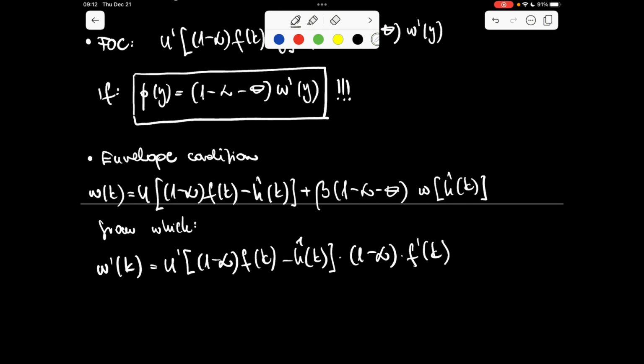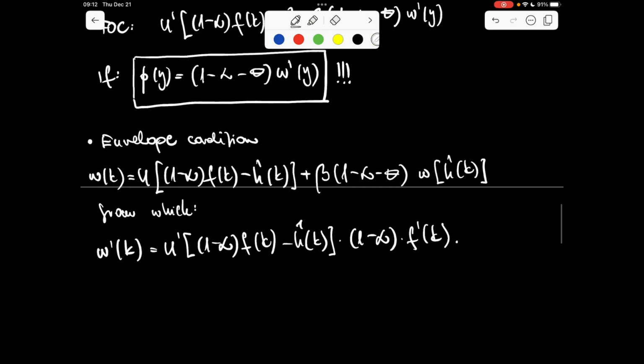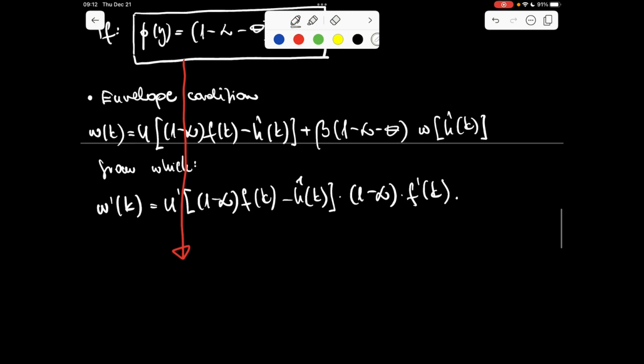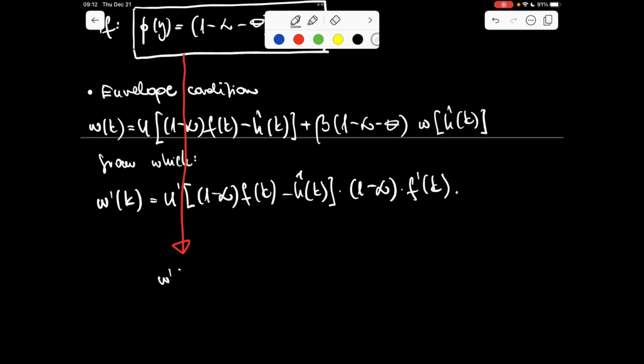Okay, so here we go. Given this equation, this relationship between the two economies, we can write that this equation also holds.